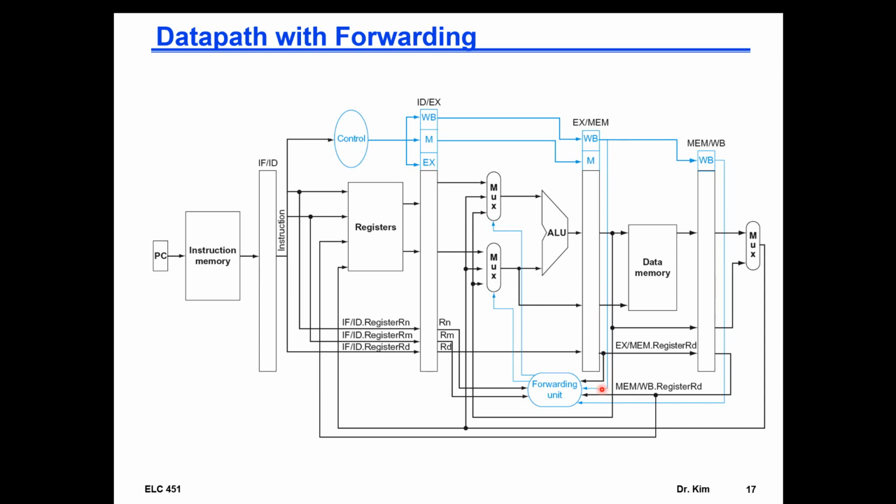So these extra conditions that we put in, what they add are these two control signals into the forwarding unit. So we have been evolving our design in that manner.